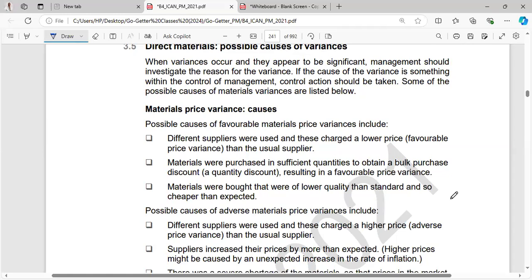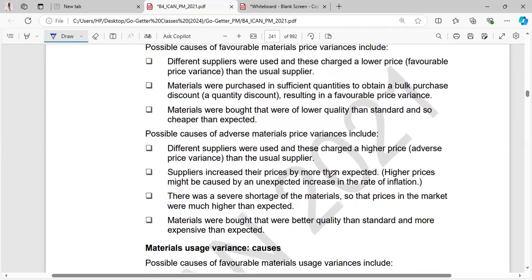If you bought something of lower quality than the standard, you will buy it cheaper, of course. But the problem here is if you buy things of lower quality, it also affects your usage variance. So this gives you three possible causes of price variance being favorable.